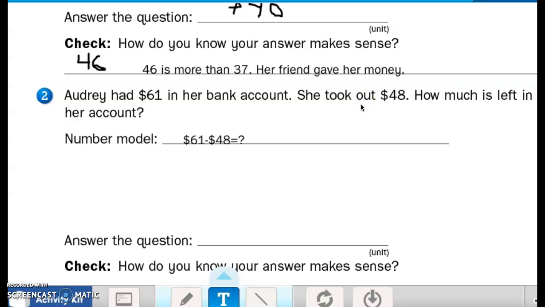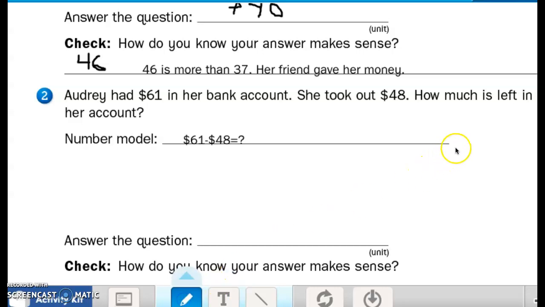No. It should be less than 61. Our answer would make sense if it is less than 61 because she took money out. So we're subtracting from 61. So our answer should be less than 61. So let's see if we can figure this out.